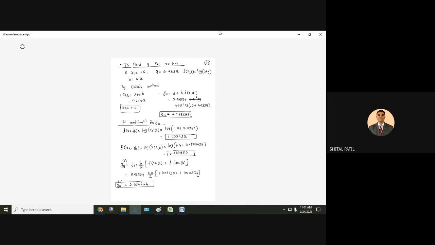Please check this. Usually the first modification is correct up to 1 or 2 decimal places. Great. Go ahead: find the second modification, third modification, and keep finding modifications until the previous two modifications are correct up to 3 decimal places. Please go ahead, 5 minutes are there. Do it yourself so that you understand it.